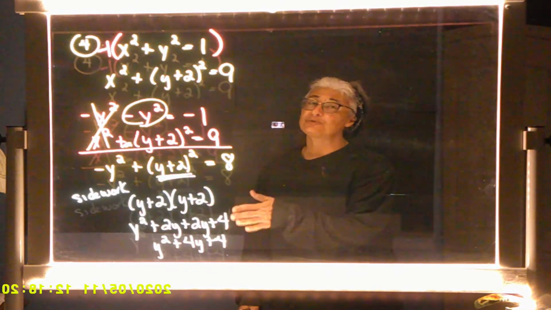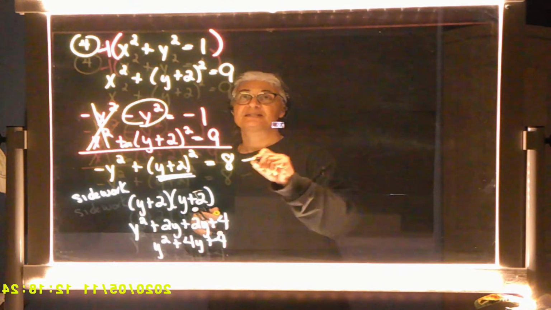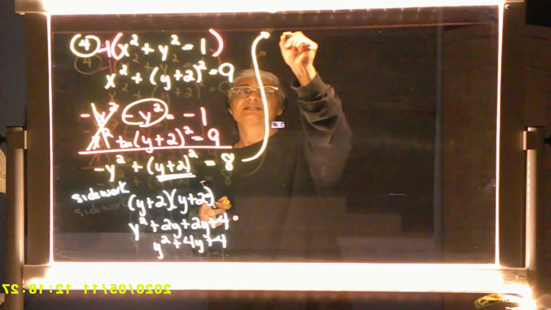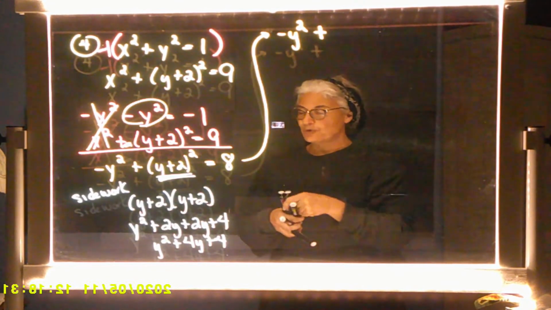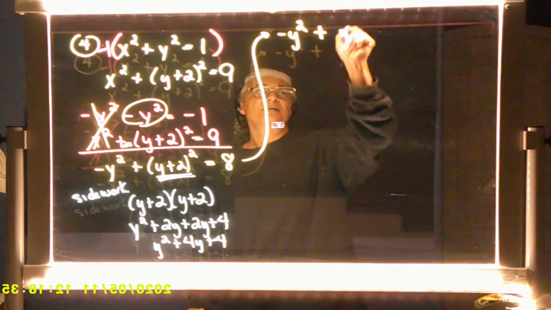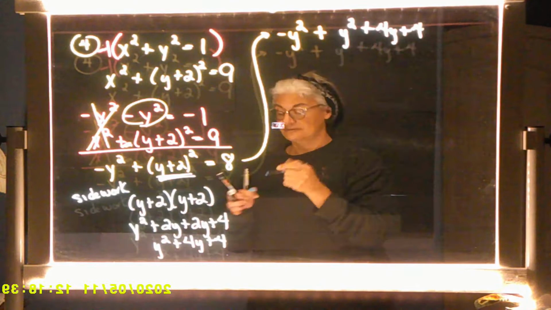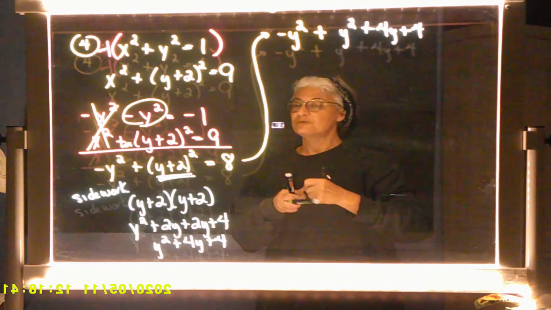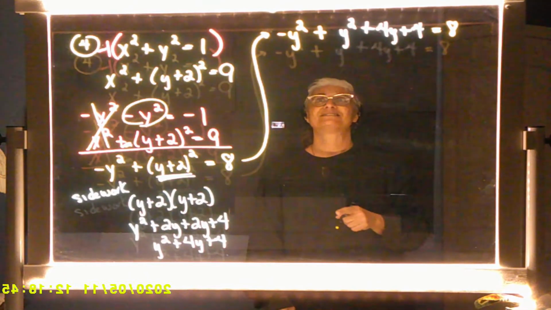So I know you agree with what I've written there, which means this line now looks like -y squared plus, and what did we just get for that parenthesis squared? We got y squared plus 4y plus 4, and that equals 8. Ooh, that's not so bad.